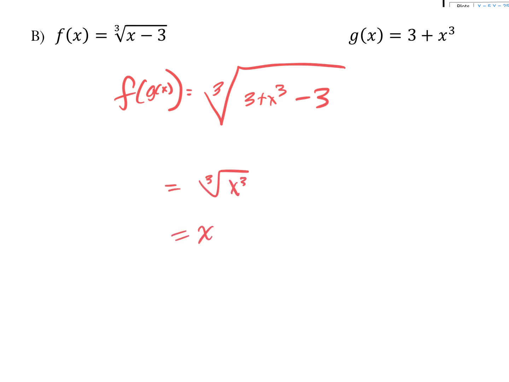Everybody good? For verifying, it will stay this simple. That doesn't mean the whole thing's going to stay this simple. Okay? Everybody good? All right.